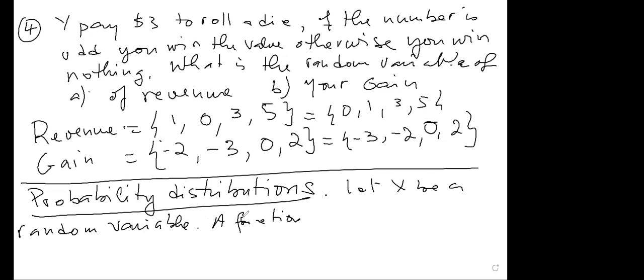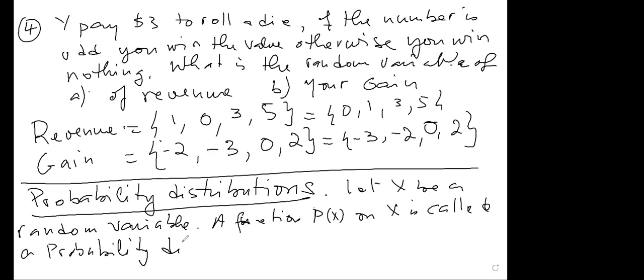A function P of X on X is called a probability distribution if, first condition, 0 is less than or equal to P of X less than or equal to 1. It is a probability, but only if it is a number between 0 and 1.